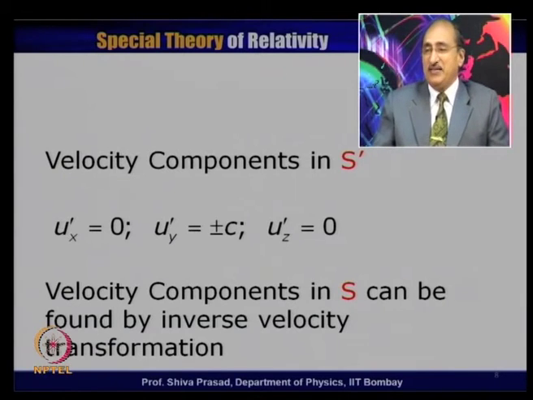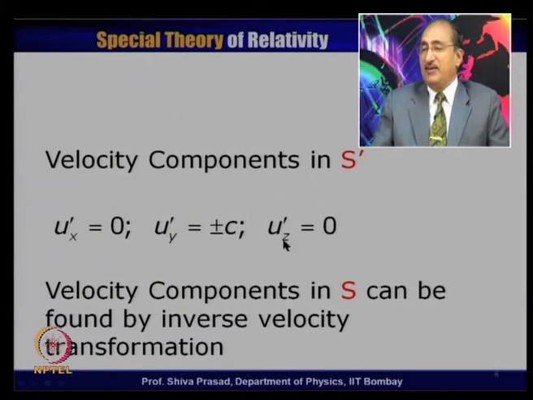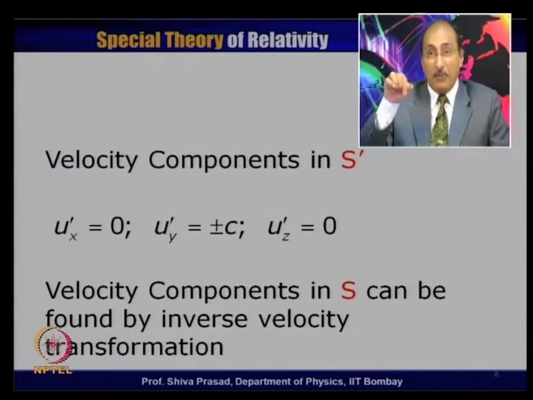So, obviously it means that ux prime must be equal to 0, because it has no x component of the velocity and it has no z component of the velocity. So, uz prime must also be equal to 0. It is only uy prime which is not equal to 0, and this is plus c while going upwards and it is minus c while coming downwards.